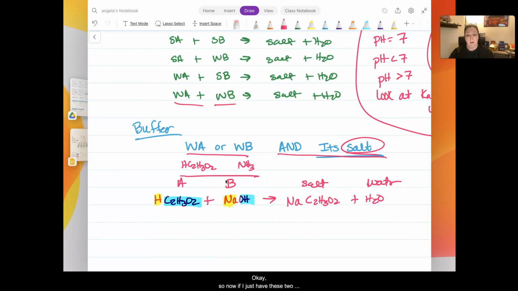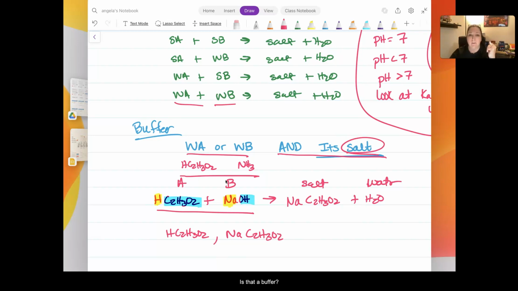Okay, so now if I just have these two, right before I mix them together, is this a buffer solution? The answer is no, it's an acid and a base. However, if I have this, I don't know if I want to say plus, let's just say, because they usually just give you a list of what's present, these two things.